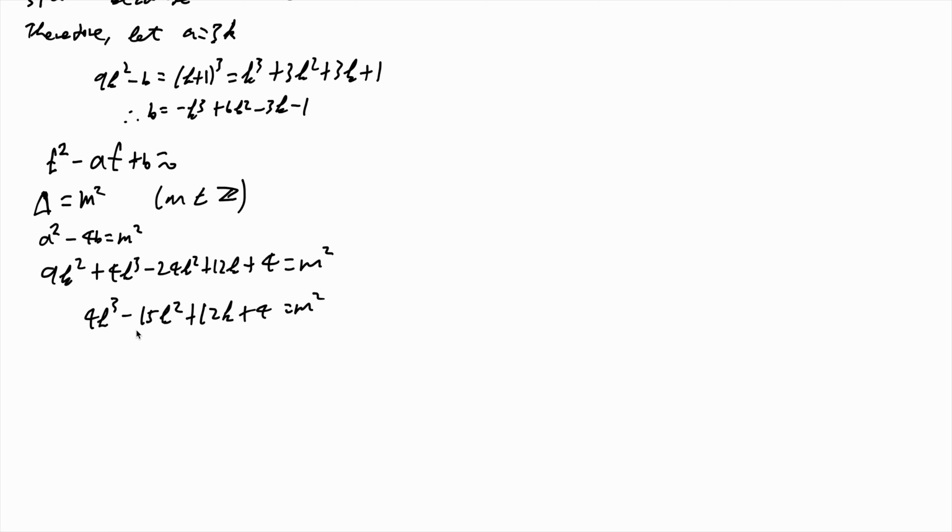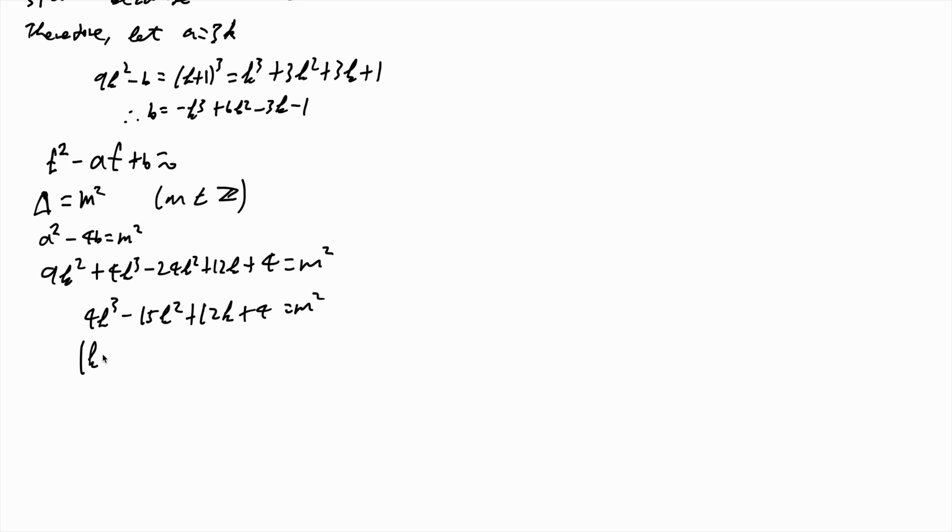And let's factorize this. By the rational root theorem, our roots should be plus or minus 1 over 2, 1, 2, and 4. Oh wait, 1 over 4 also works, but let's try from 1 because I don't want to try fractions yet. 1 doesn't work. How about 2? 32, 24, 56, 60, 60. So 2 does work.